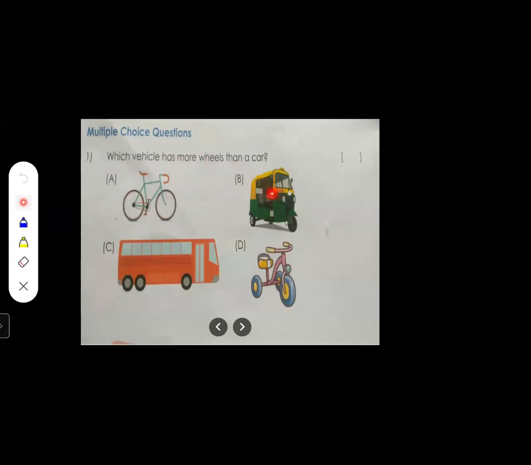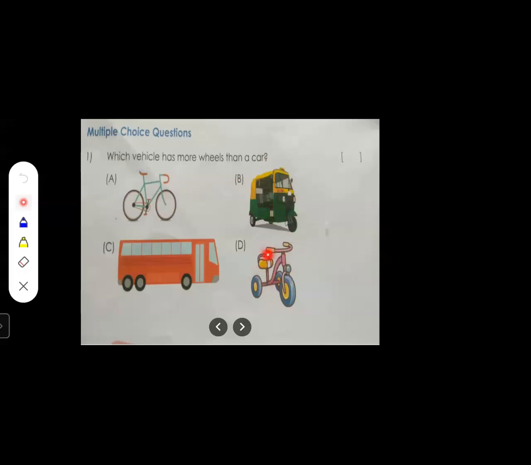See over here, options are given to us. A bicycle, an auto rickshaw, a tricycle and a bus. From all 4 vehicles, which vehicle is having more wheels than a car? A car has 4 wheels, so we have to find more than 4 wheels. For bicycle, only 2 wheels are there. For auto rickshaw, 3 wheels.